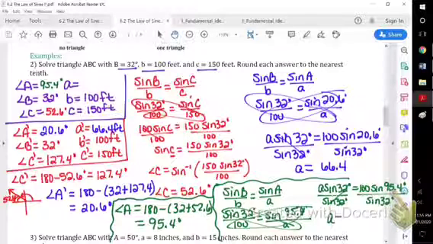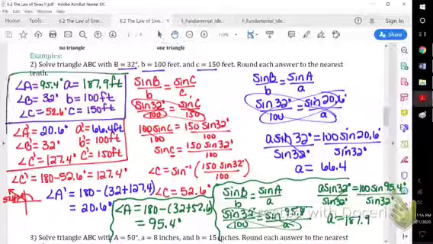And so we get A is approximately 187.9, and it's in feet. So we ended up with two triangles and we've solved both of them. So those are both my solutions. So all of this here is our answer.